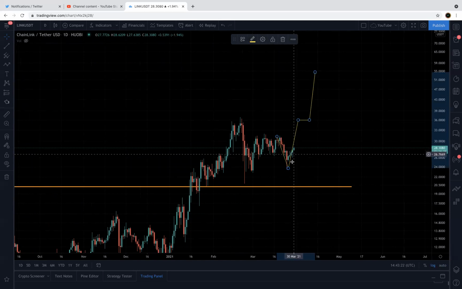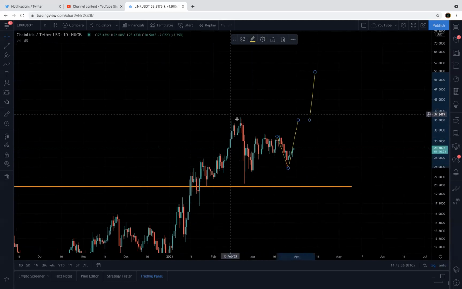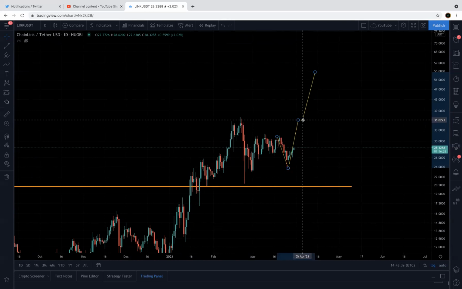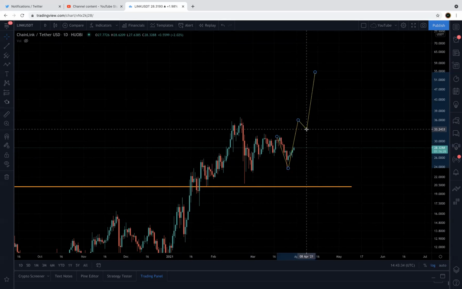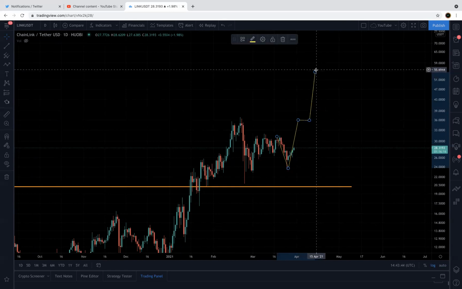This is important. It has to follow this path, and of course when it reaches the previous all-time high, it could consolidate a bit. The consolidation phase might vary, and sometimes it could dip a bit. This is not important. Either it could move sideways like this or dip a bit. So I would just keep it like this, and then it should be able to move up.